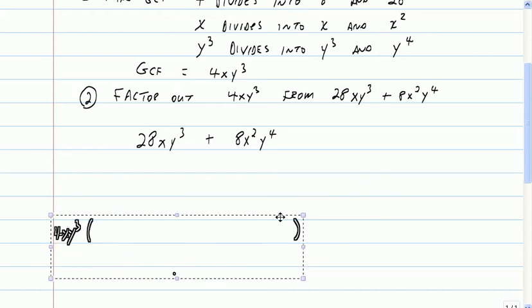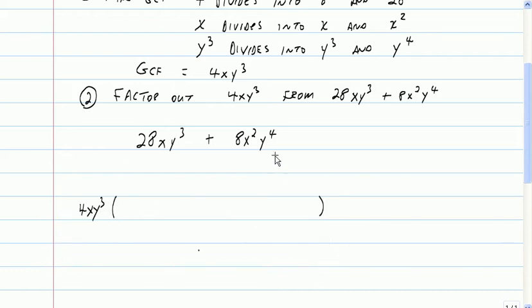And the way we can find out what the other factor is, is to take the greatest common factor and divide it into each of the terms. So we'll take the 28xy cubed and divide that by the GCF.